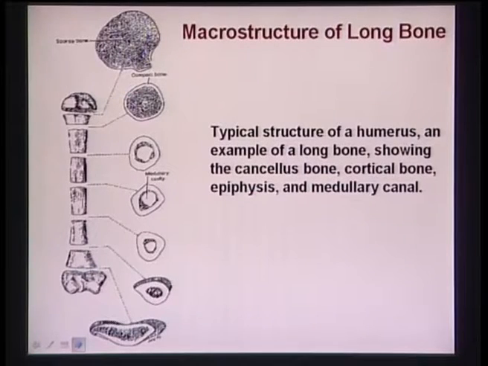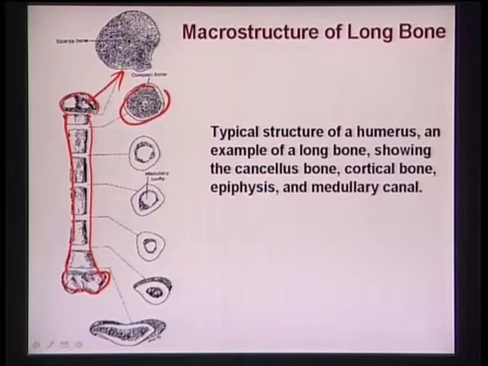Now let us see how the macro structure of the long bone looks. This is a typical structure of a humerus. If you see the entire structure, you have a kind of cap here, and you have the long end also. The outer surface is the compact bone, and on the inner side you have spongy bone.